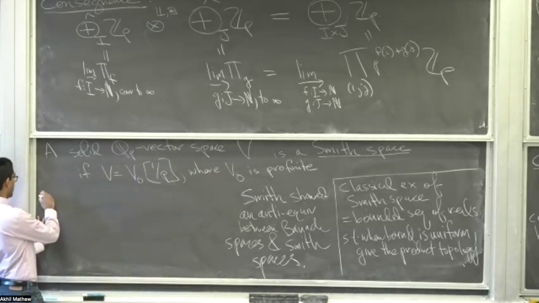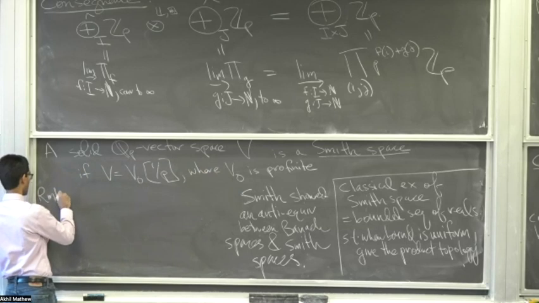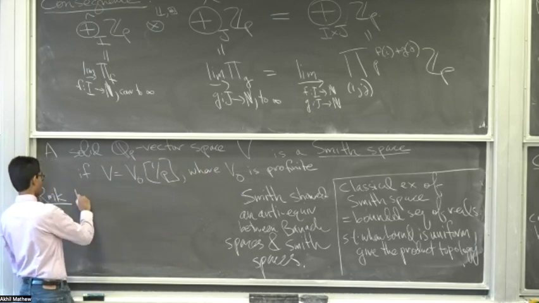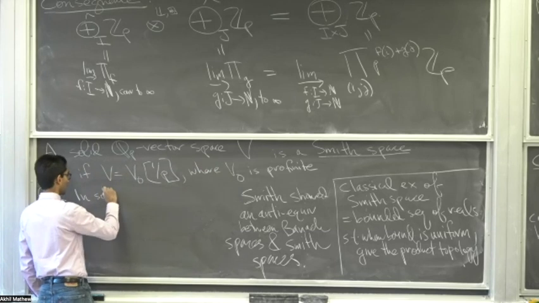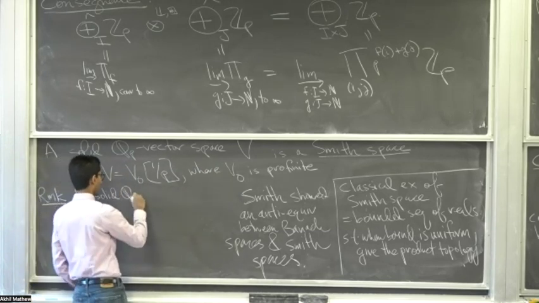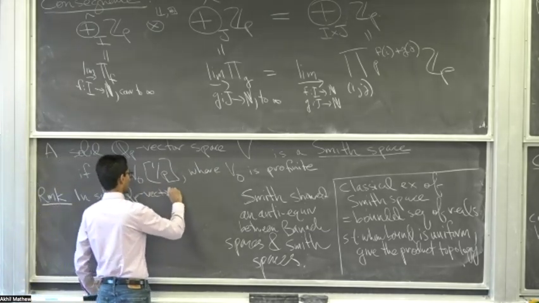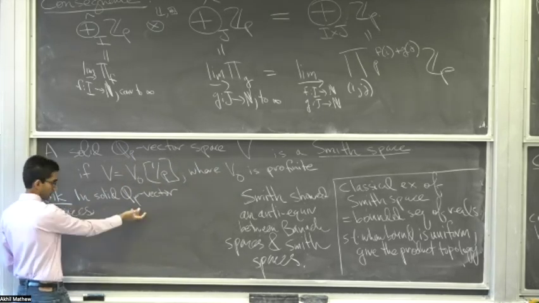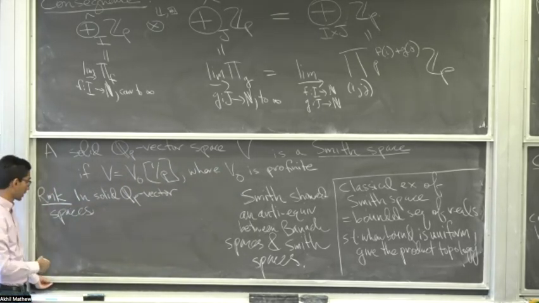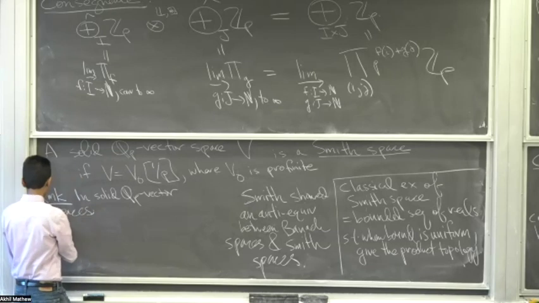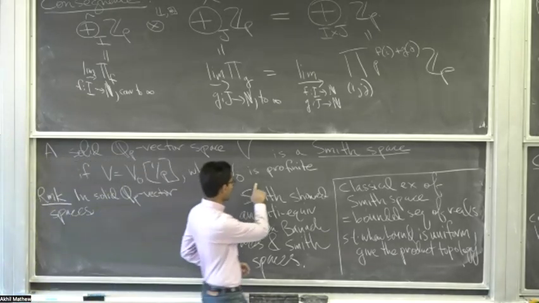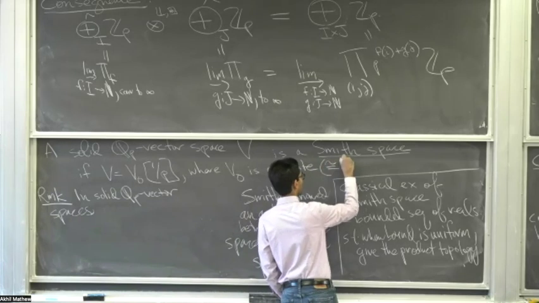Okay, so a remark. In solid vector spaces, it's a simpler setting than the non-Archimedean setting. So this is what it means to be Smith.